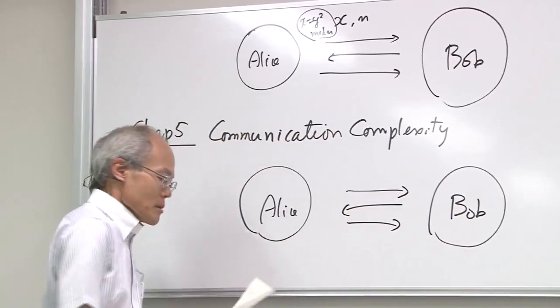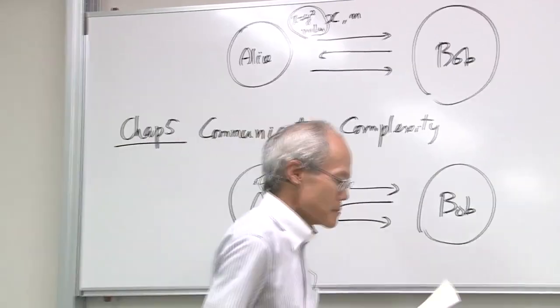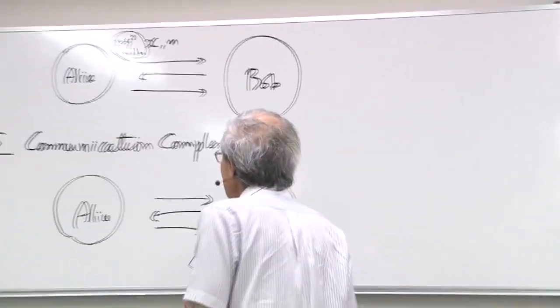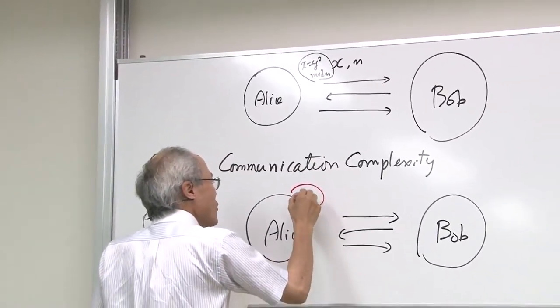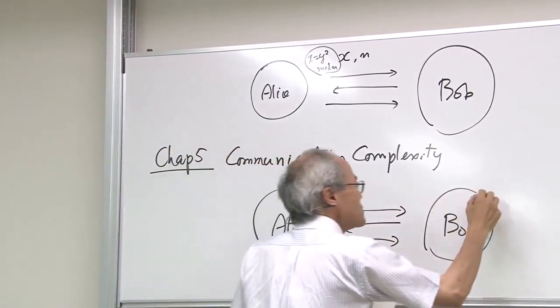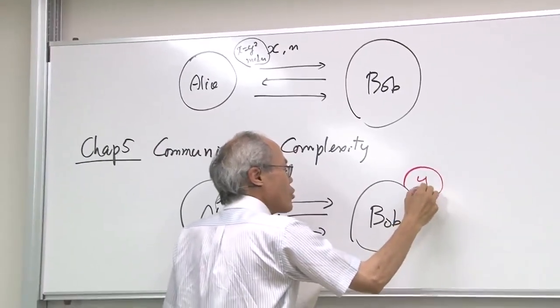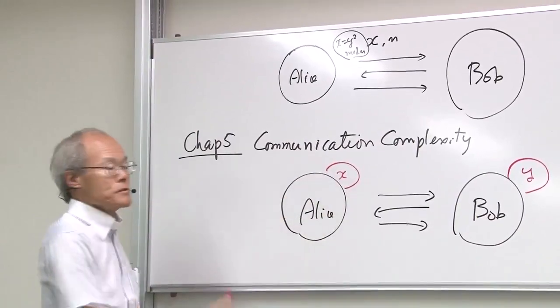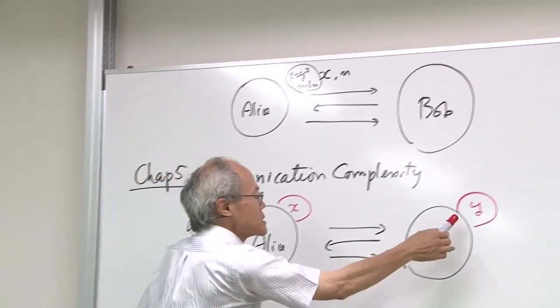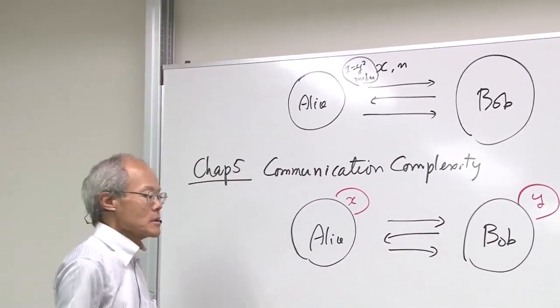But the difference is Alice has her own input x, and Bob has his own input y.